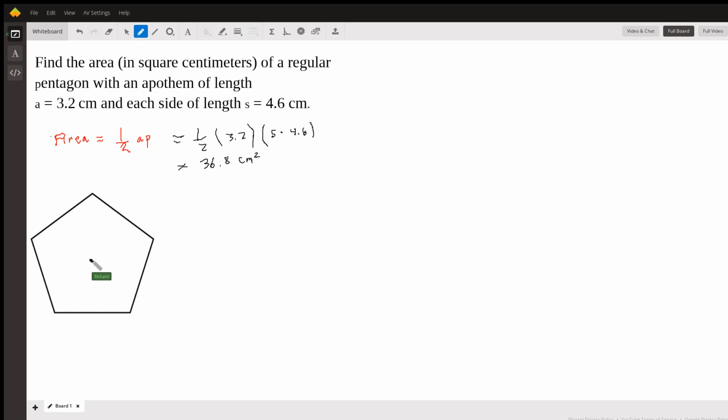So we're going to be interested in this triangle, and the vertex of the triangle is at the center. Now you can see there'll be 5 triangles, so we just do 360 degrees divided by 5 to get that angle. So that gives me an angle of 72.